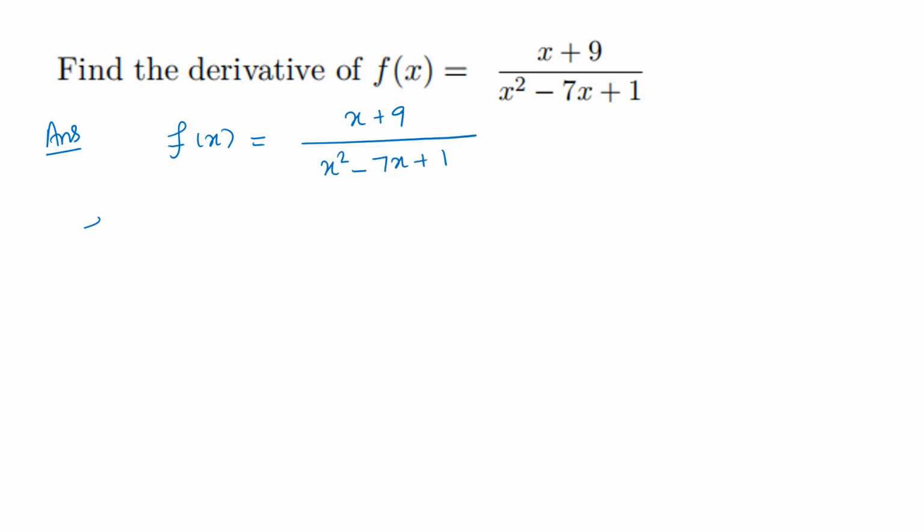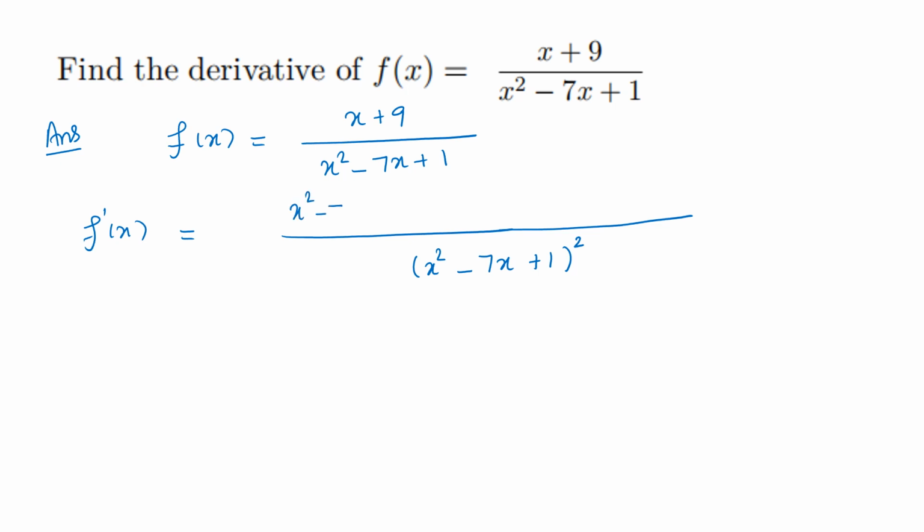Using the quotient rule, f dash of x equals the denominator, first I am writing x square minus 7x plus 1 squared. Again write the denominator here, x square minus 7x plus 1 times the numerator derivative, x plus 9 derivative, then minus the numerator x plus 9 times the derivative of the denominator, x square minus 7x plus 1 derivative.